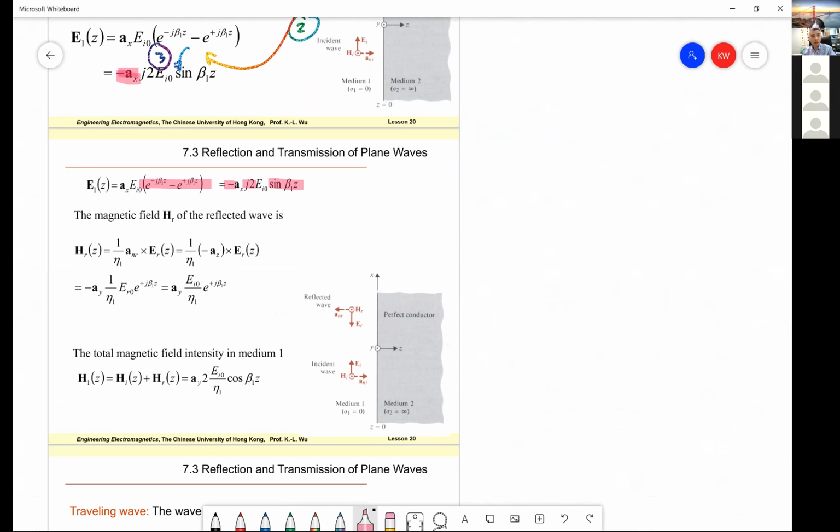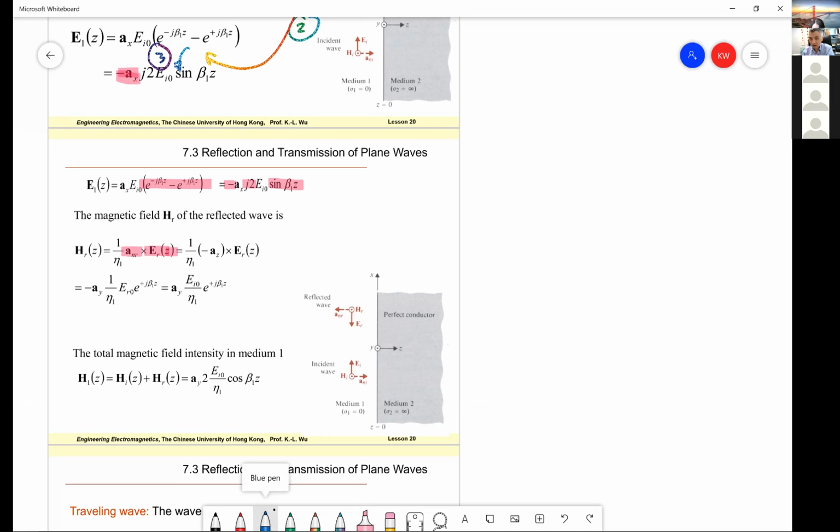To obtain the magnetic field for the reflected wave, we already know the polarization direction for the magnetic field is the propagation direction cross multiplied by the electric field, propagating in the minus direction, or R, right?